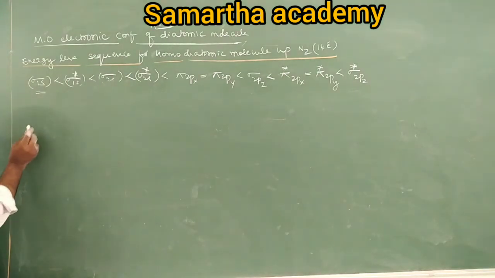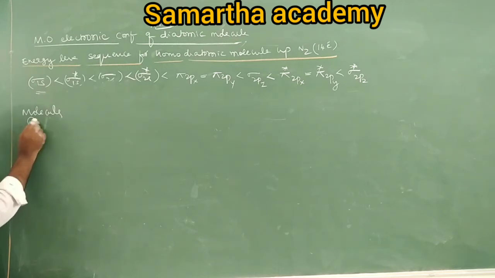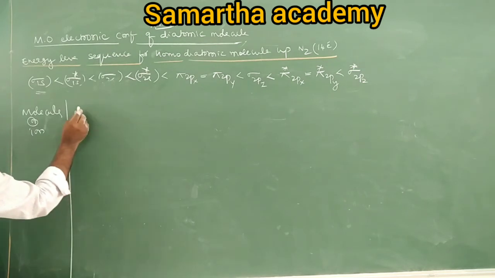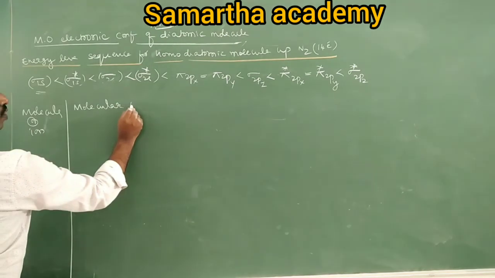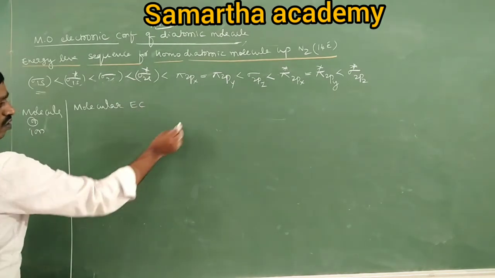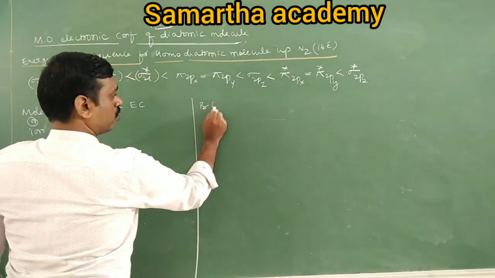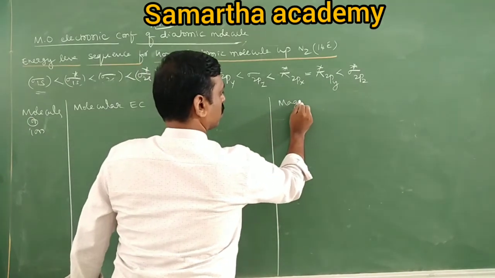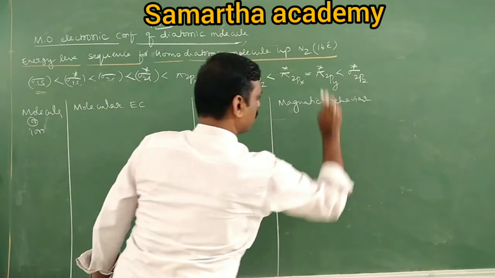Now take the tabular column: first molecule or ion, in the second column molecular electronic configuration, next is bond order, next is magnetic behavior.